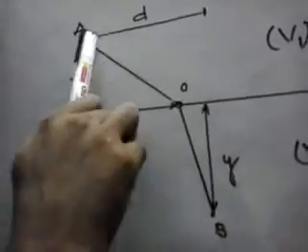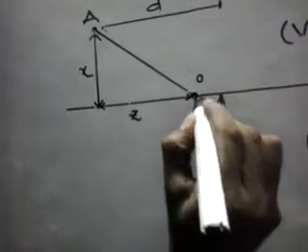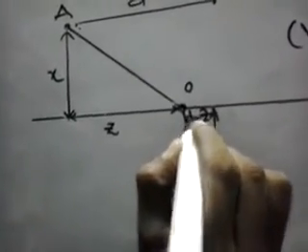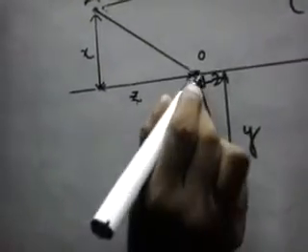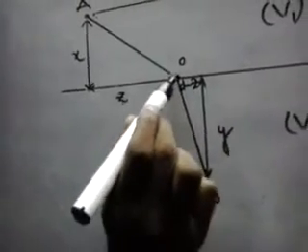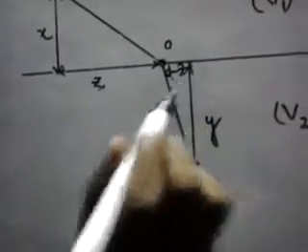If this entire distance is d and this distance is z, then obviously this distance will become d minus z. This entire distance minus this distance gives you the remaining distance. The horizontal distance between the point of interface and B is d minus z.